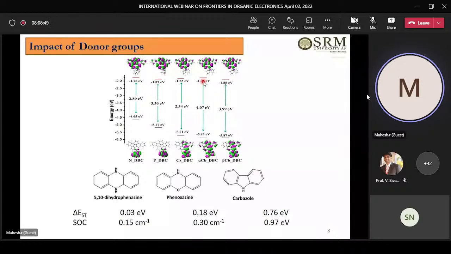But an important point you can also observe here is that even though these carbazole and carboline based donors have a large delta EST, they show very strong spin orbit coupling between singlet and triplet states. So this is kind of a trade-off. In order to have faster reverse intersystem crossing, we should have a strong spin orbit coupling with a decent energy gap between singlet and triplet states.